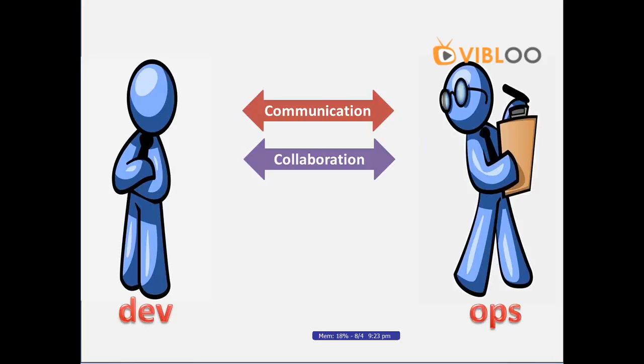Is it caused by the development code, or by the environment we are using, or is it because of the servers? Try to find out the culprit, assign a ticket or a bug, whatever mechanism or process you follow, assign it to the right person, and make sure that things are being fixed.